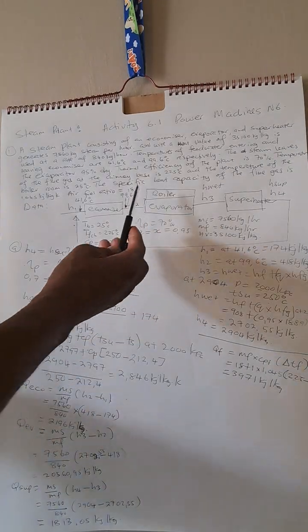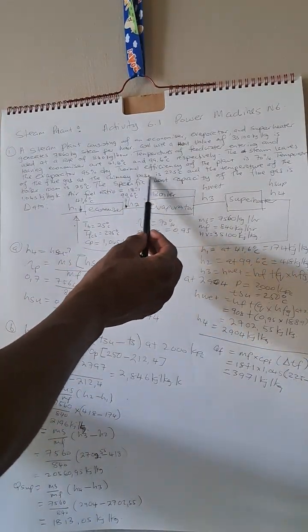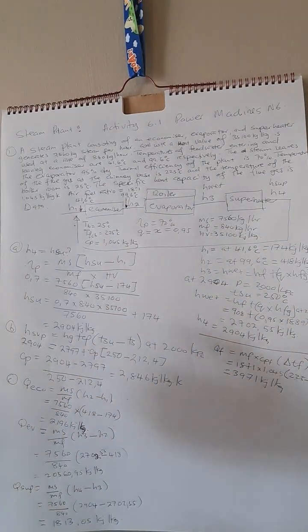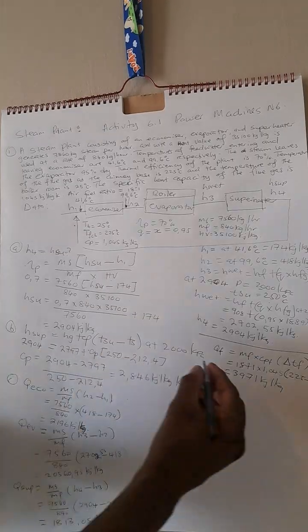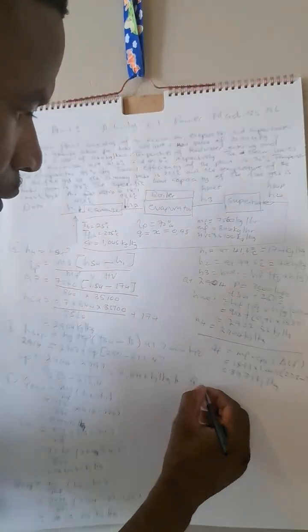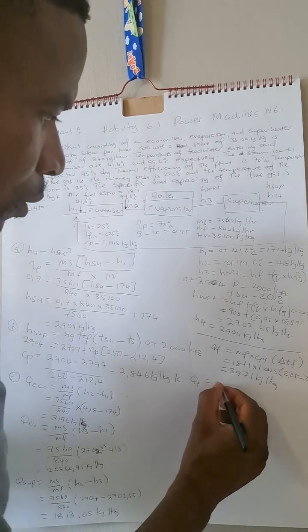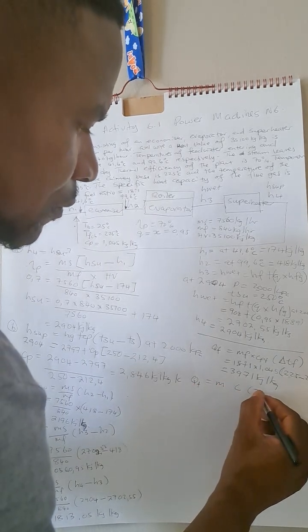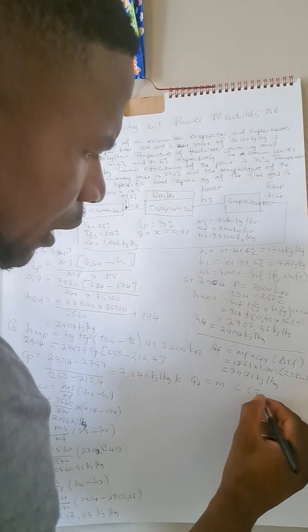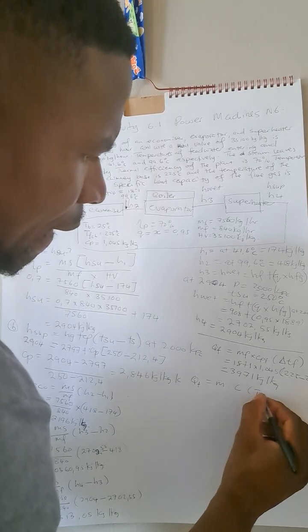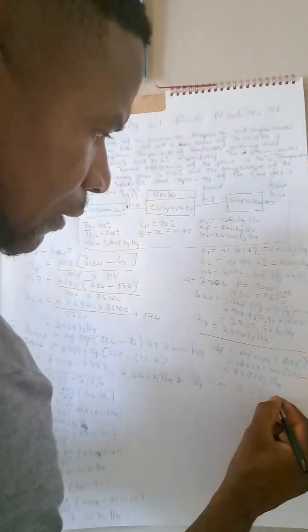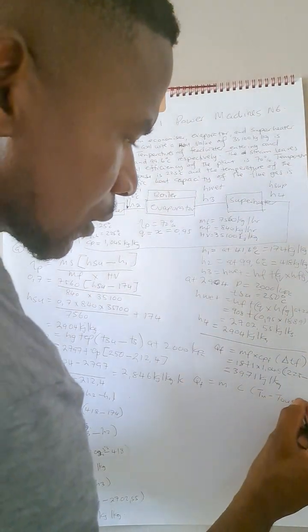Now, if you check on the question here, the temperature at the chimney base was given as 225. So we are going to write our formula as QF equals M times C into T in minus T out.